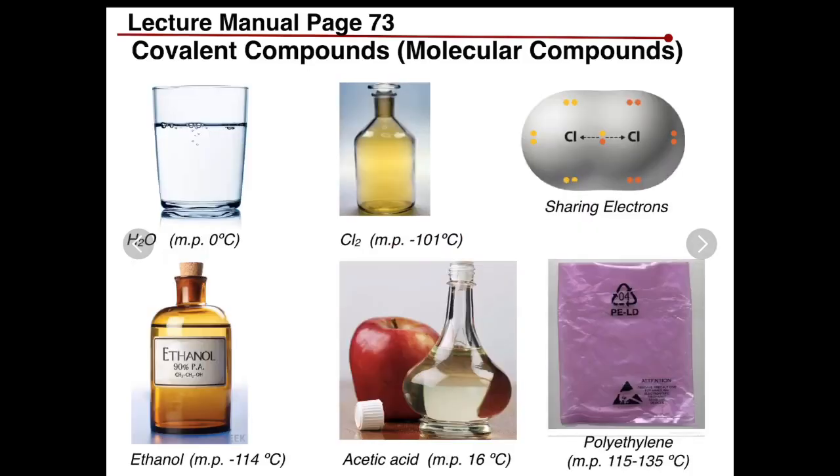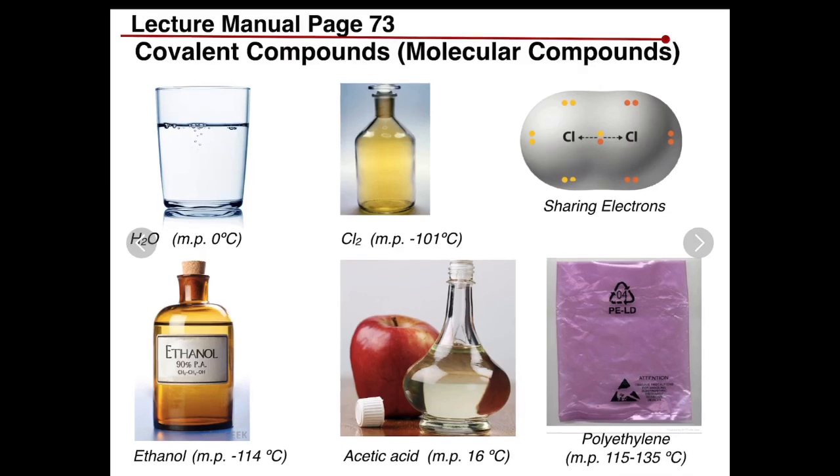So the sharing of electrons, which is the characteristic of covalent compounds, makes the covalent compounds have different physical states at room temperature, ranging from gas to liquid to solid, because this covalent bond that comes from sharing electrons is not as strong as the electrostatic force that is held together by the ionic bond. And as you can see, the melting points of the covalent or molecular compounds are much lower than those of the ionic compounds.